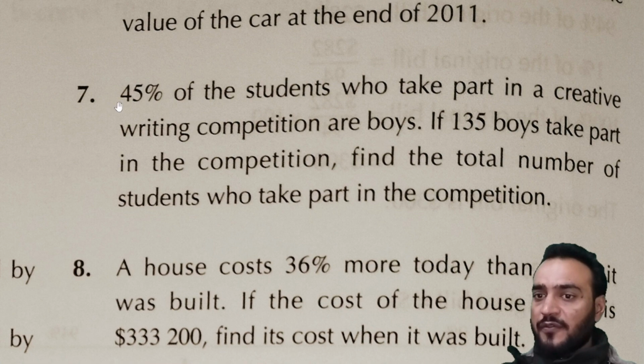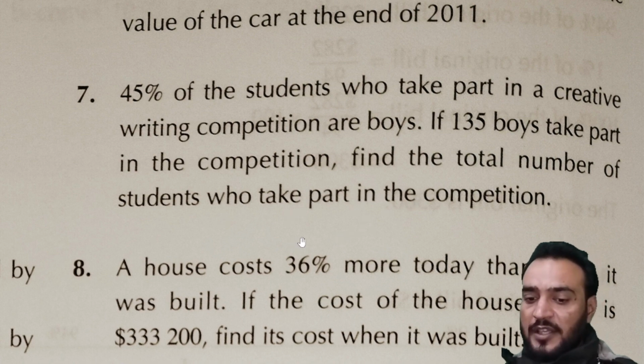If 135 boys take part in the competition, here they have given us the number of the boys, which are 45% of the whole strength. Find the total number of the students who take part in the competition. We have to find the total number of students.